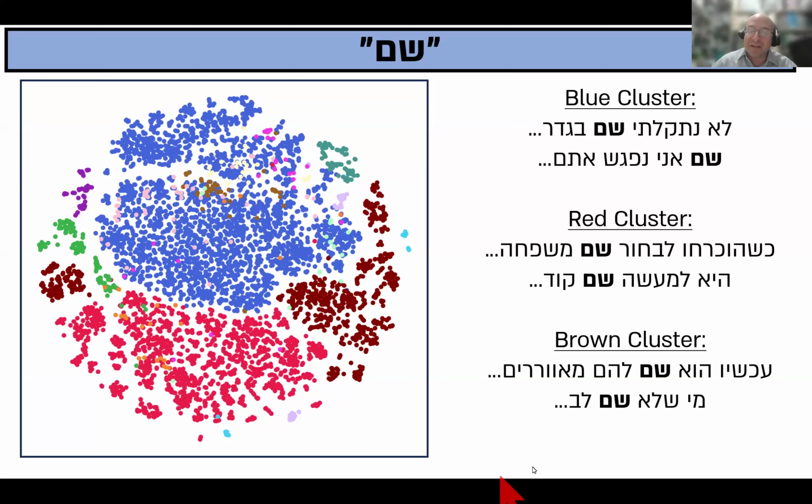There was no human tagging. The only input was a corpus of unvocalized Hebrew, newspapers and Wikipedia and literature and so on. The script automatically found 10,000 instances of Shin Mem and ran each one through a Hebrew BERT model, in this case a model that we published some time ago.